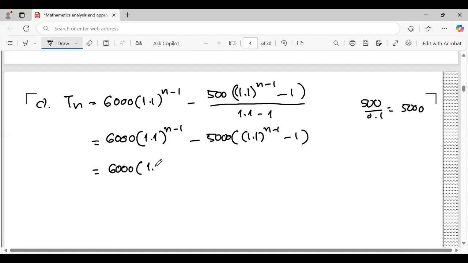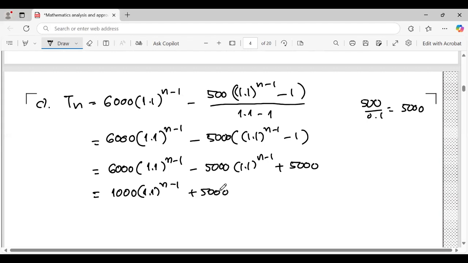Expanding, 6,000 times 1.1 to the power n minus 1, minus 5,000 times 1.1 to the power n minus 1, plus 5,000. It is because minus times minus. So 6,000 minus 5,000 is 1,000. So Tn equals 1,000 times 1.1 to the power n minus 1, plus 5,000. This is Tn.